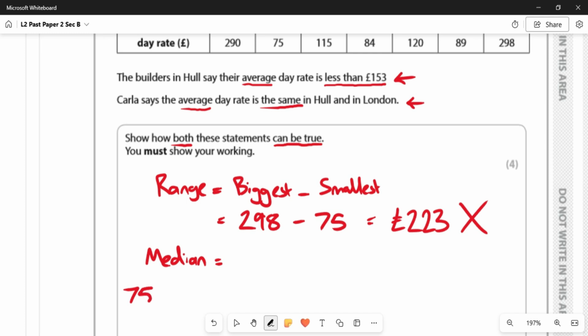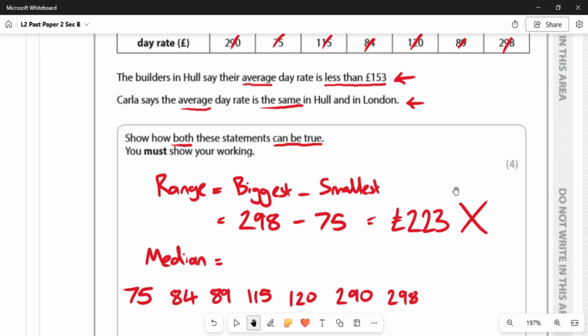75, 84, 89. What's next? 115, 120, 290, and finally 298.